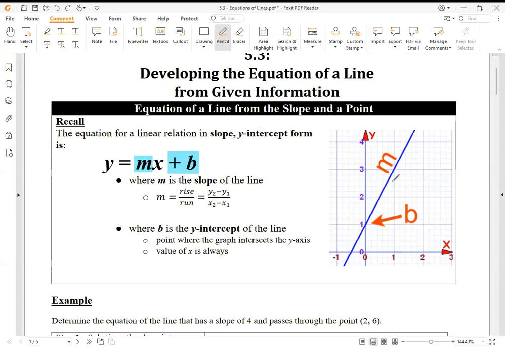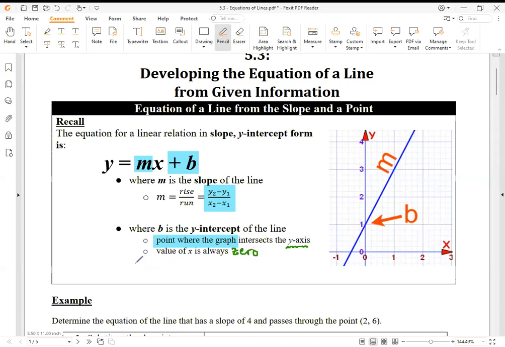If I give you a graph, isn't that easy? You can calculate M using your slope formula, and you can calculate B by looking where the point is on the graph. All I have to do is take a look at the Y value, because the value of X is always 0.